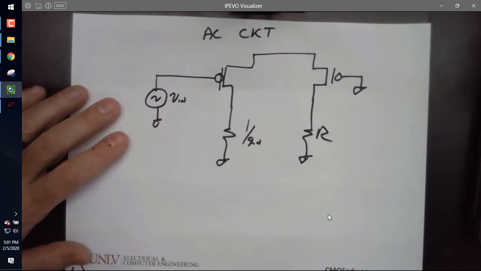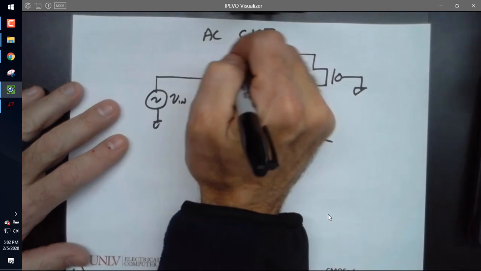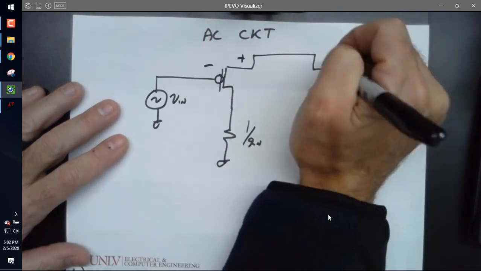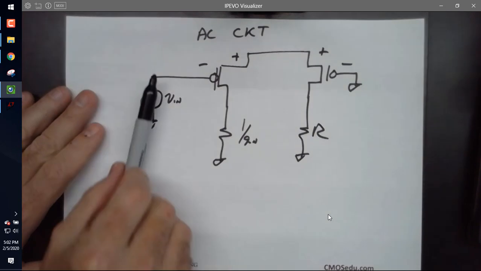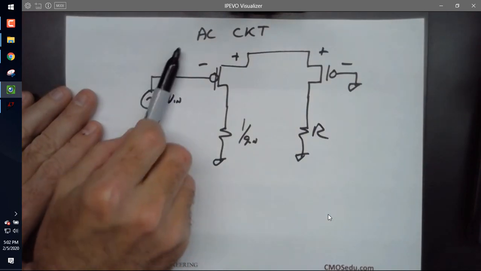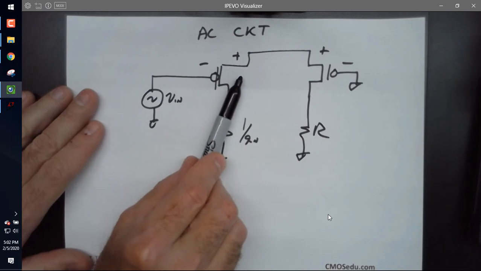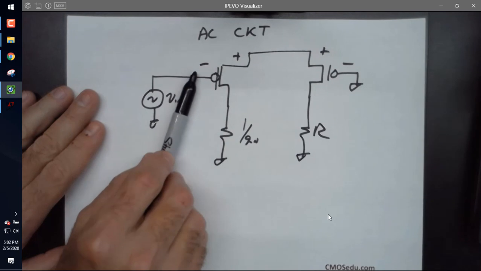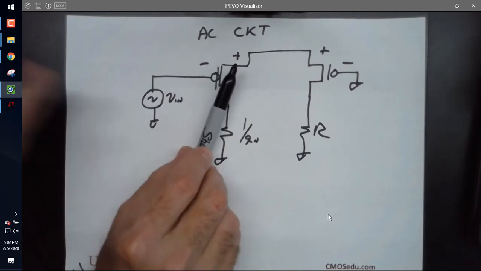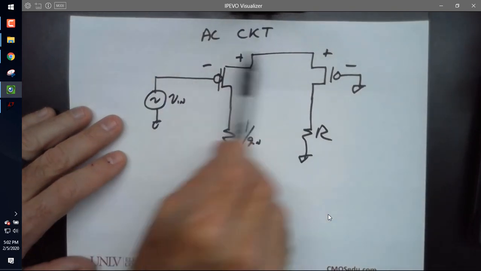Okay, so now, here I'm going to write the voltages, plus, minus, plus, minus. And before we get going, intuitively, if this node goes up, what's going to happen to this transistor? Is it going to turn on or off? Off. Why? Because the gate's going up. It's a complementary. It's CMOS. It goes up. And if this goes up, what happens to this node?